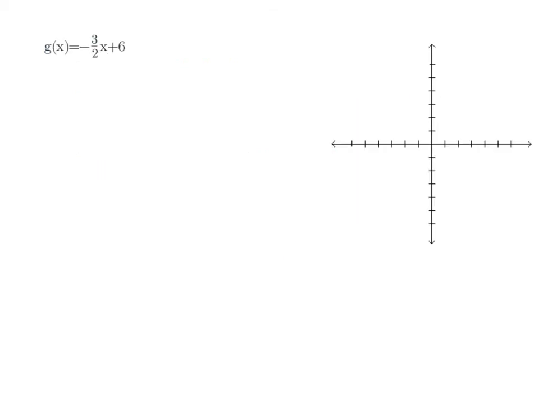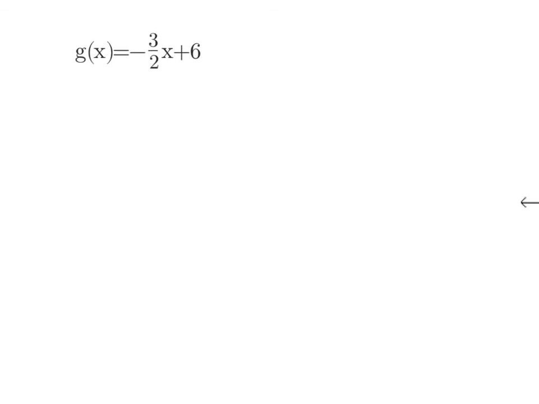So the last one that I want to look at for linear equations is g of x equals -3/2 x plus 6. Let's go ahead and find our inverse function first. The first thing that I want to do is replace g of x with y. I'm going to switch my variables.